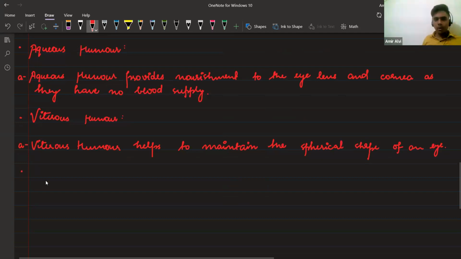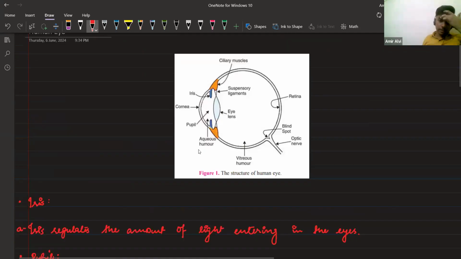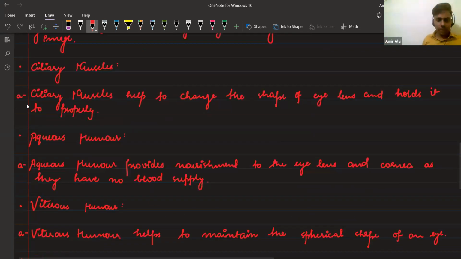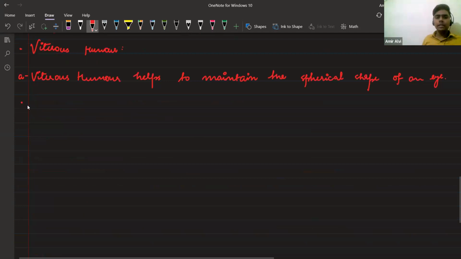What is left now? Cornea, iris, aqueous humor, vitreous humor, retina done; the optic nerve is left. The optic nerve helps to send the signal to the brain. It gives the electric signal to the brain.